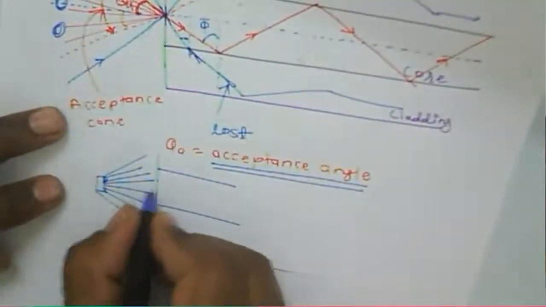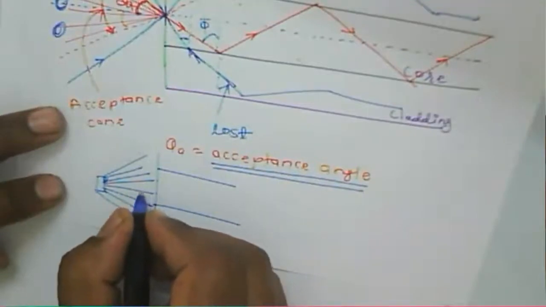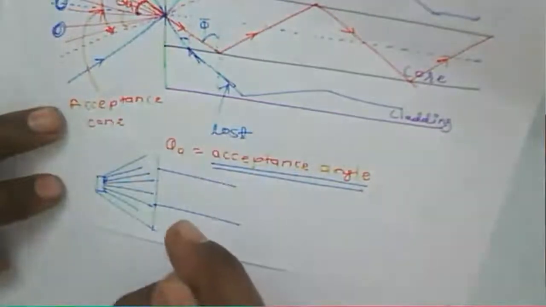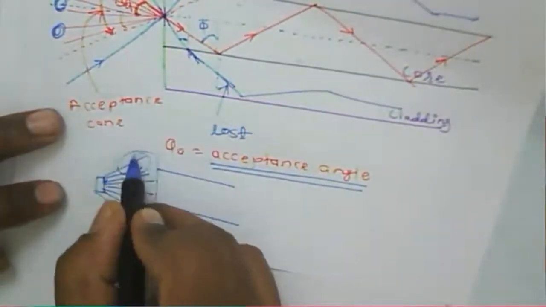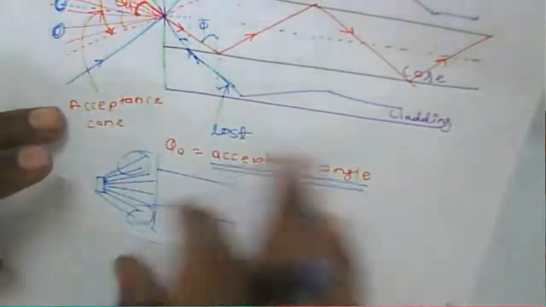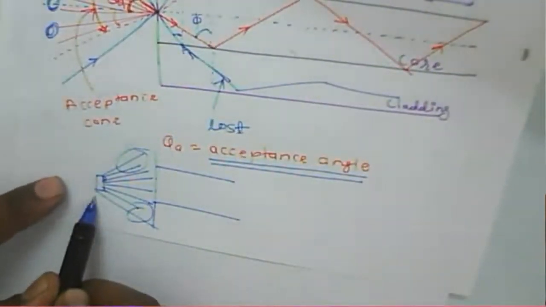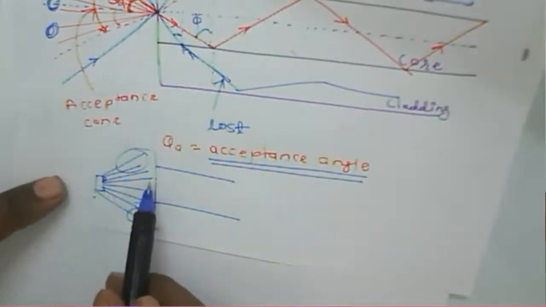So for a given fiber acceptance angle, only the rays that belong to this acceptance angle will be accepted by the fiber. The other rays are nothing but a loss; the incident light is lost.